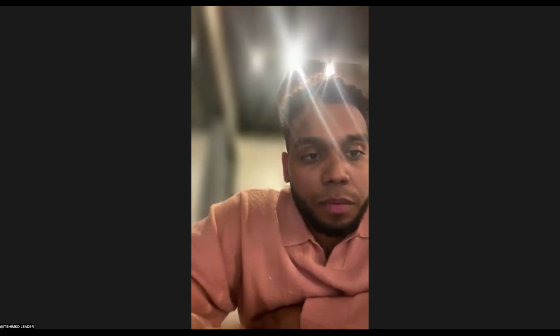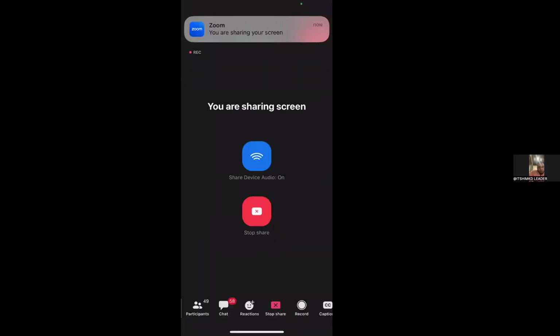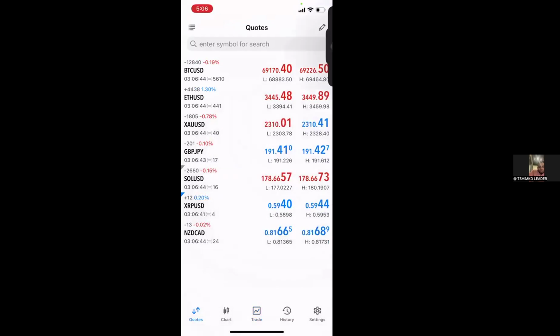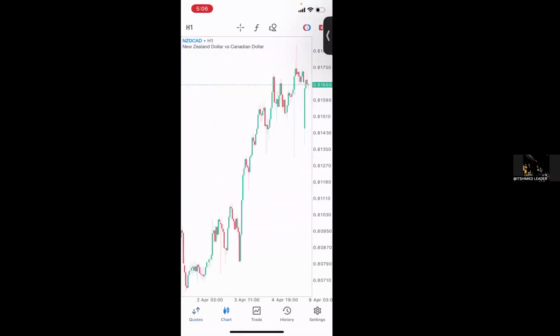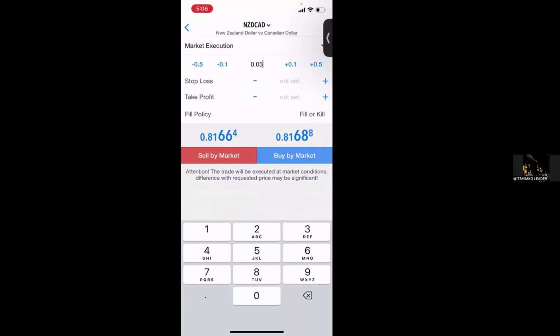Oh, bet. Let me share my screen. There we go. We're going to come here. NZD CAD. We're going to go to chart. Take the trade. We're going to go on a 0.5.